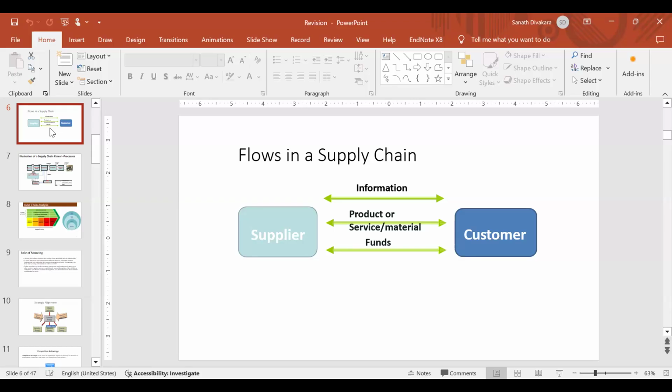I just extracted it from your teaching presentation. Different books say it in different ways, so you can use finance flow, information flow, material flow. The cost factors and activities related to finance you can put under finance flow. It can be a return, revenue, or cost, whatever it is.